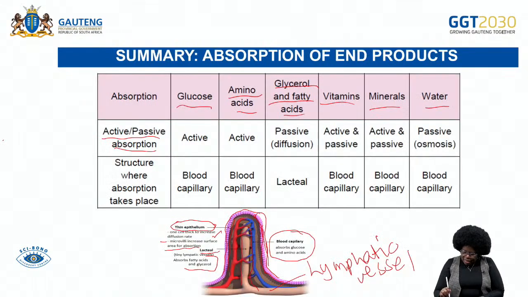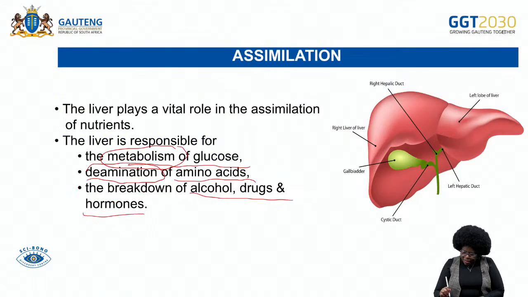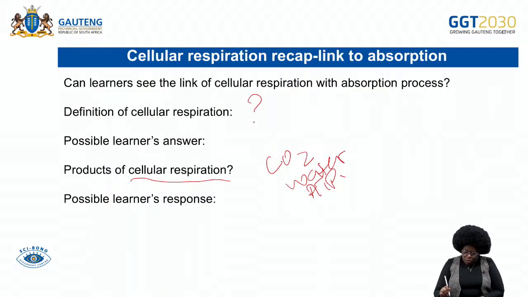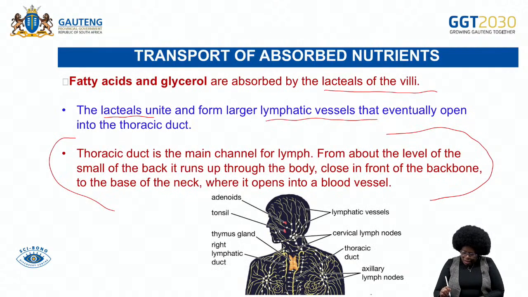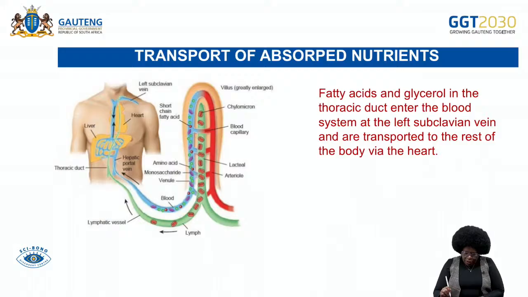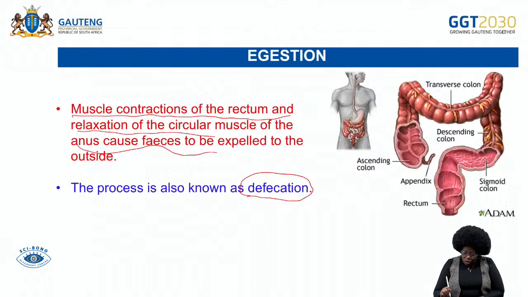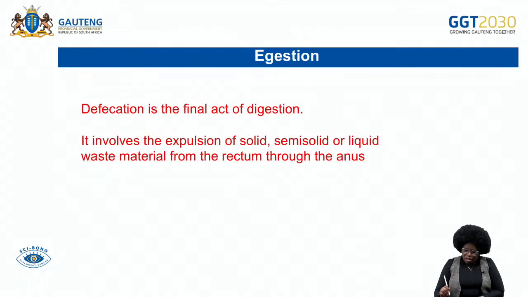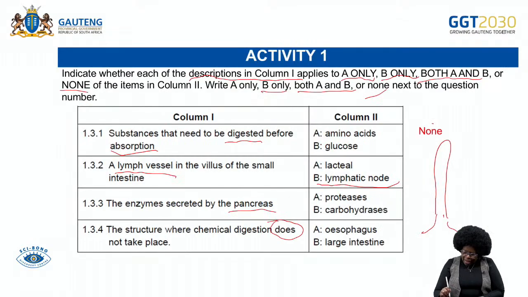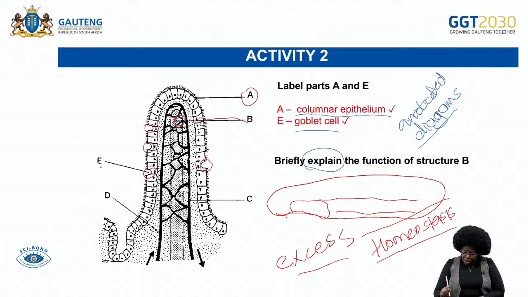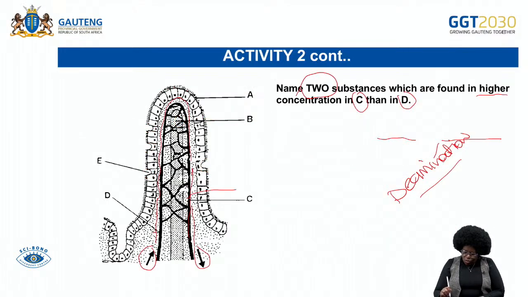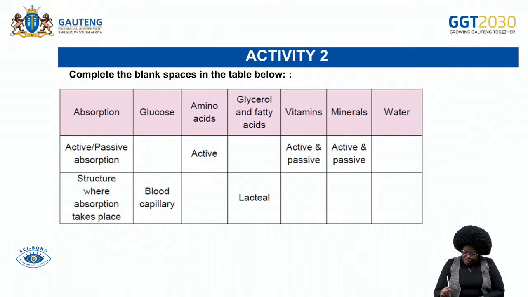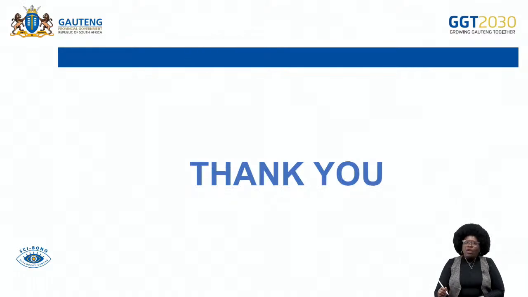It's not Greek to you, it's easy, right? We have looked at absorption and the cellular respiration story. We looked at nutrients which are absorbed and where they are absorbed. We looked at digestion, and we looked at the activities that we answered together, which made it easy for you. I've gone back to highlight what needs to be done. And on that note, it was a beautiful session.